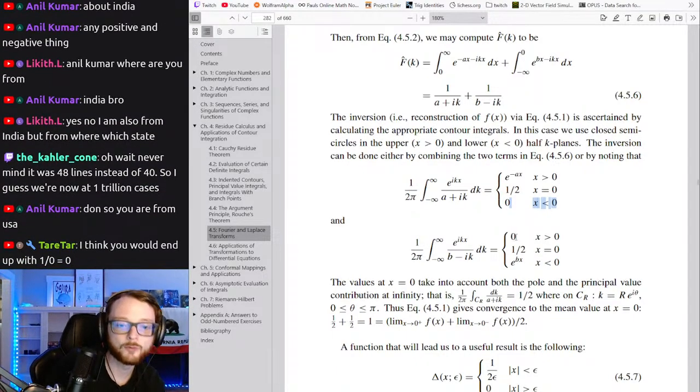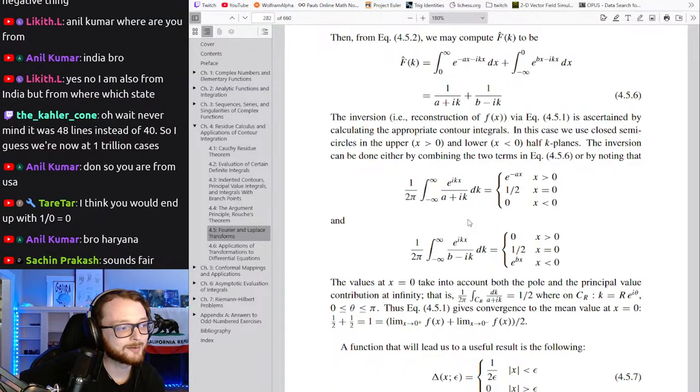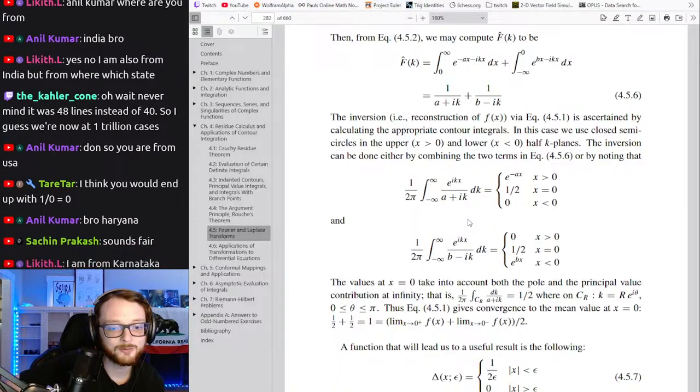And likewise with the opposite. Okay, that's reasonable. Yeah, I'm from America, but like I said, can you just keep it to math?